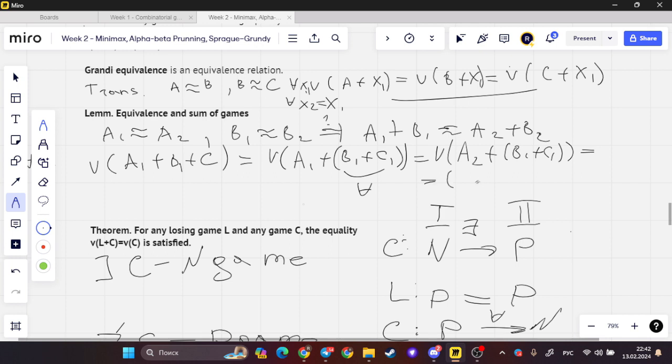Just make this equality using commutativity. Using commutativity, we make this. We can make this using associativity and commutativity.